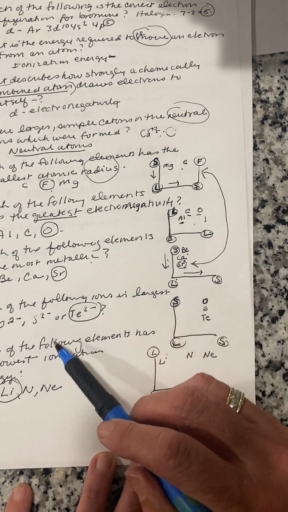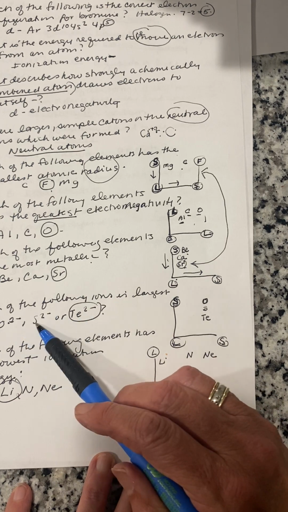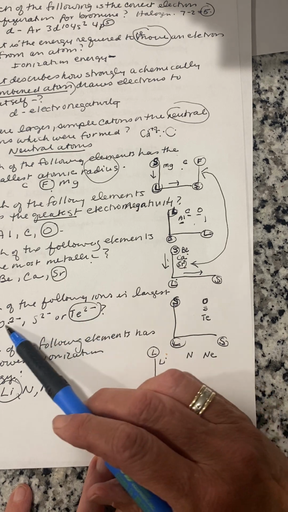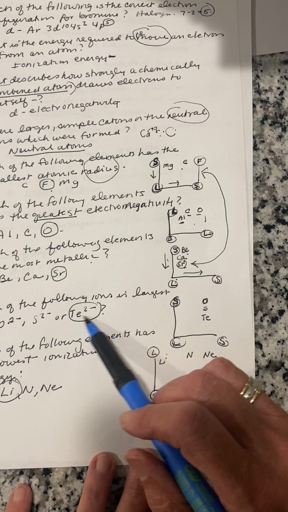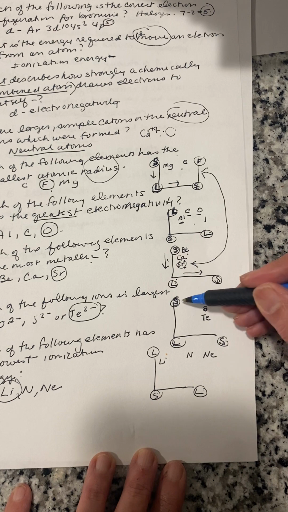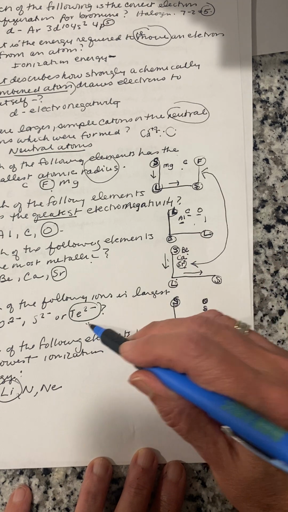First of all, I looked, and it looks like they all have negatives, all the same. That means they're pretty large because they have extra electrons. But which one is going to be the largest of these 3? Oxygen is the top, and underneath it is sulfur, and then Te, and it goes from small to large. So the Te is going to be the largest one.